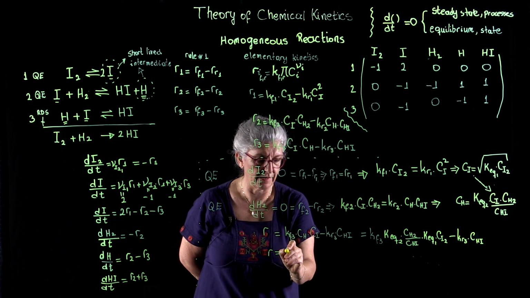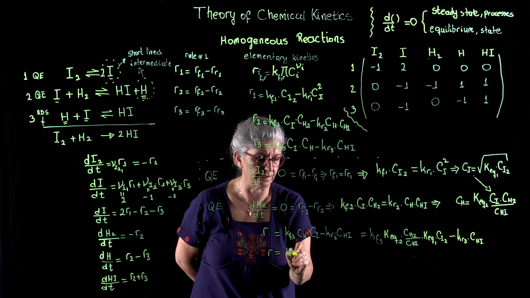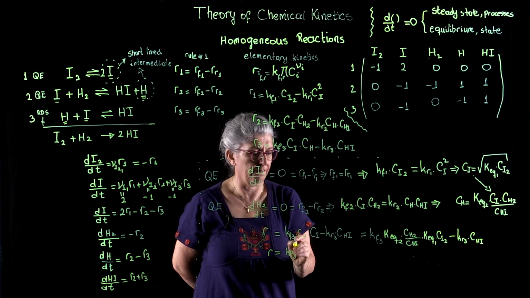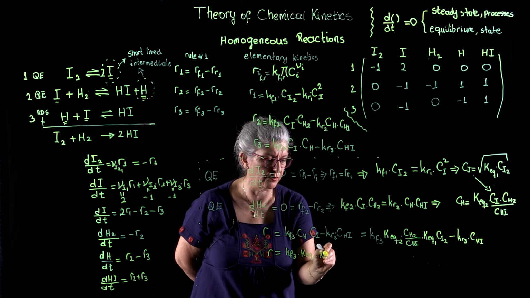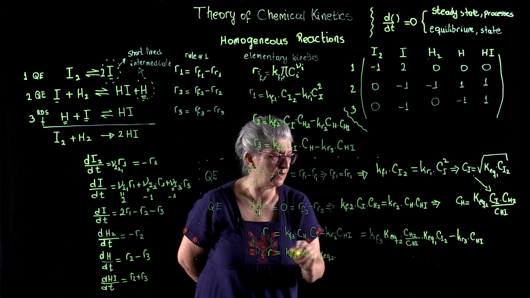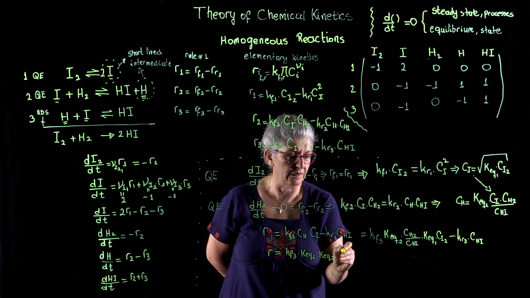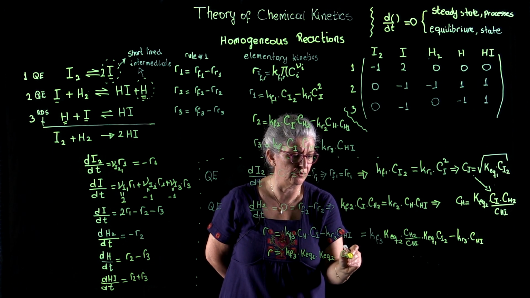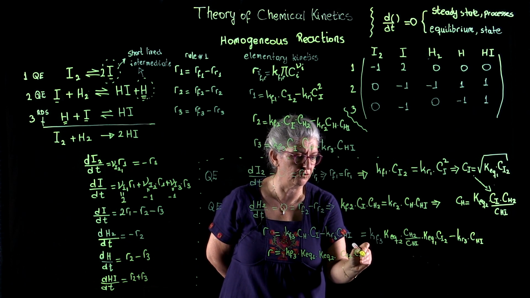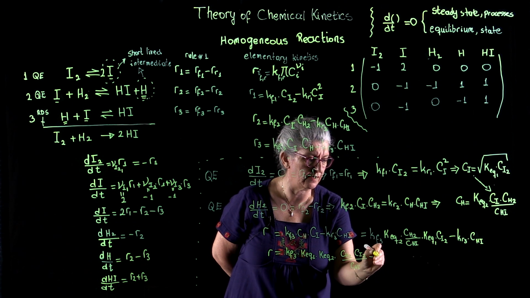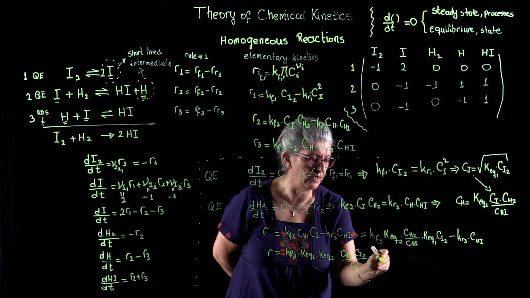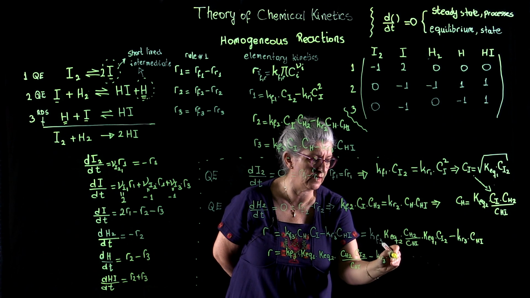We have K forward 3 times K equilibrium 1 times K equilibrium 2 times C_H2 times C_I2 divided by C_HI, minus K reverse 3 times C_HI.